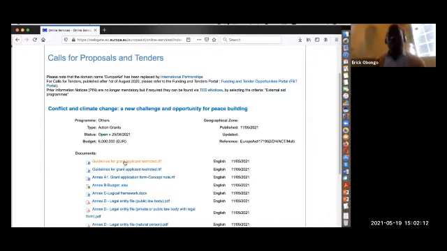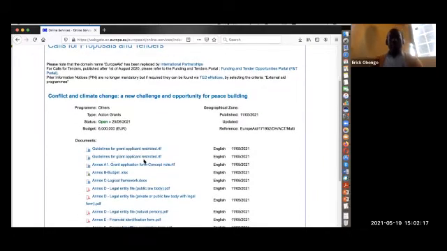All those things you should be able to find in the guidelines. But also, over and above the guidelines, you will be able to find the application form.